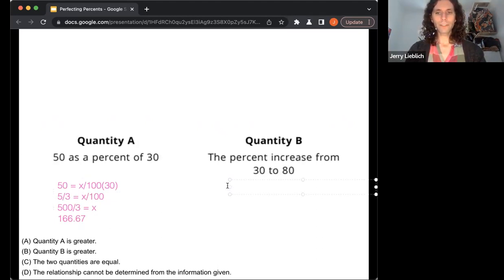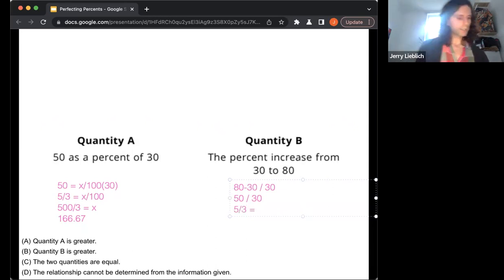So my difference is going to be 50, 80 minus 30, over my original, which is 30. 50 over 30. 5 over 3, and I get 1.6 repeating. Now I did something a little bit wrong here.